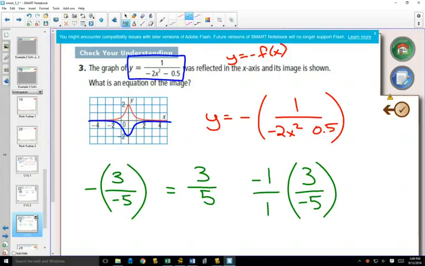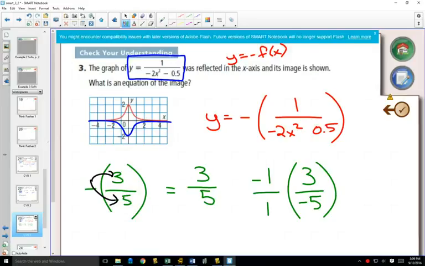I could write that as negative 1 over 1. This is important because one of the mistakes that students sometimes make is being tempted to distribute the negative to the 3 and the negative to the 5. And I think I heard some of you suggest that at the beginning.